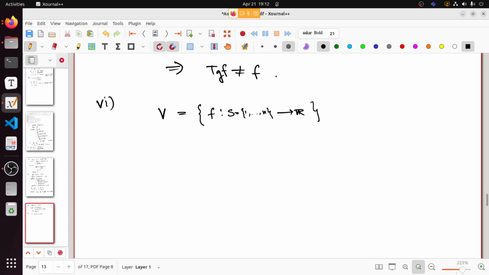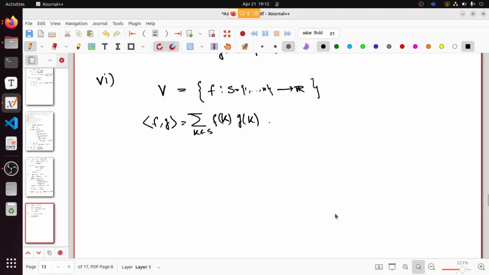And the inner product is given: inner product of F and G is the sum over k belongs to S of F_k G_k. So now define the canonical functions.